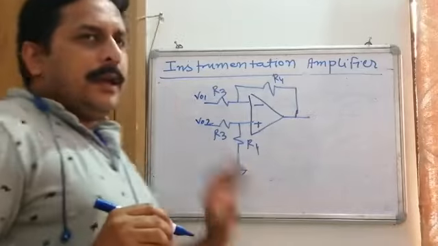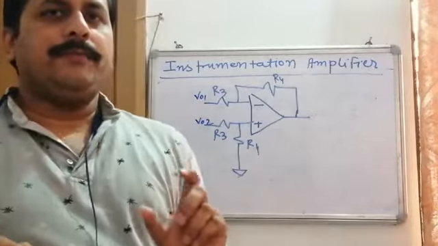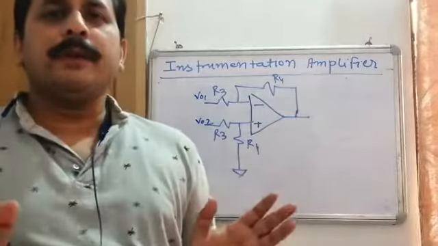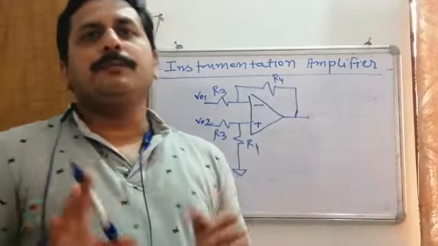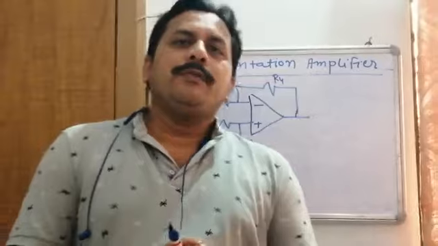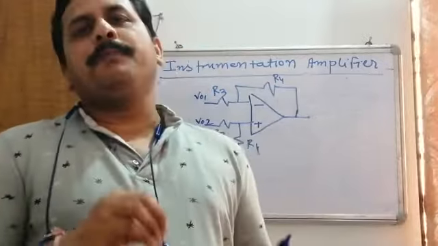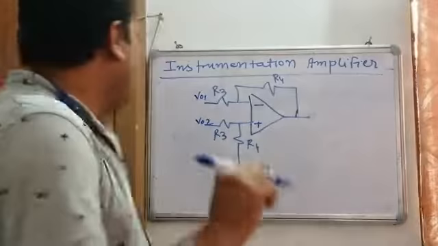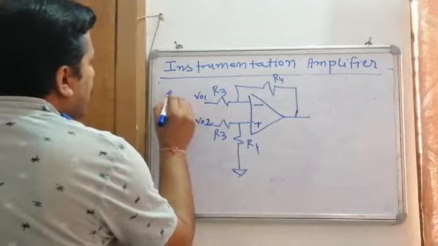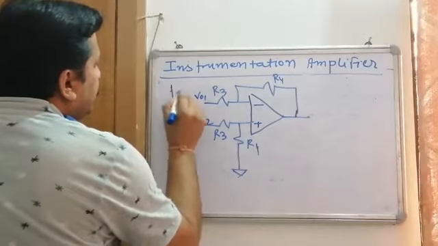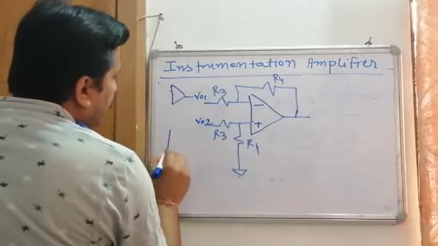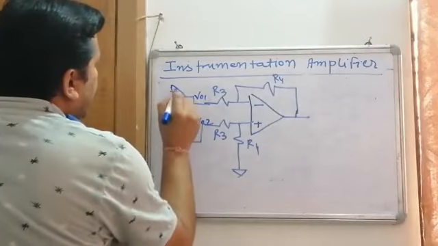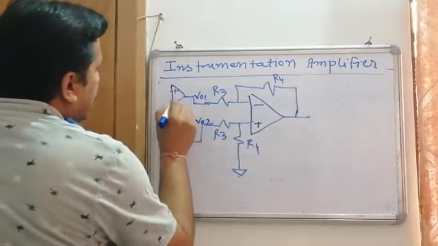So how can we make the input impedance high? The answer to this question is very simple. We know the input impedance of the non-inverting configuration is ideally infinite, so we will apply the inputs with the help of the non-inverting configuration. Look here, I am making the circuit diagram of the non-inverting configuration. This is plus, this is minus.